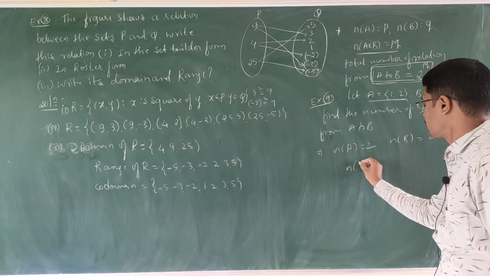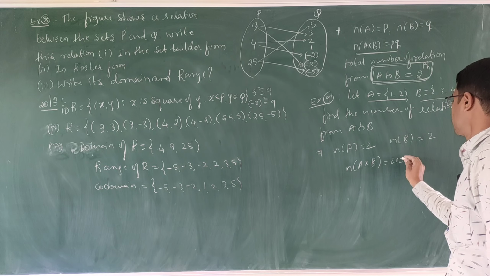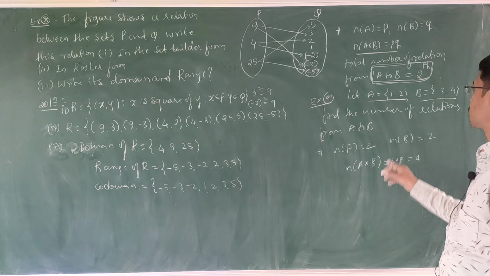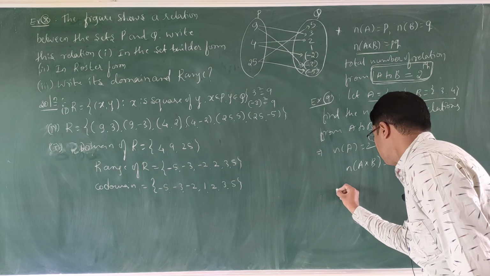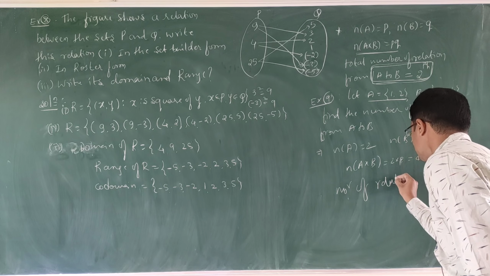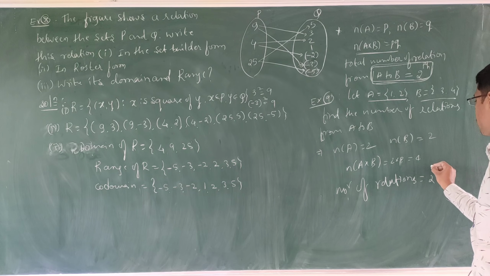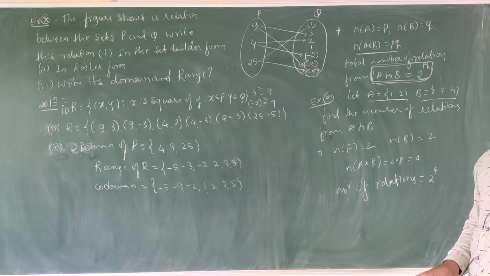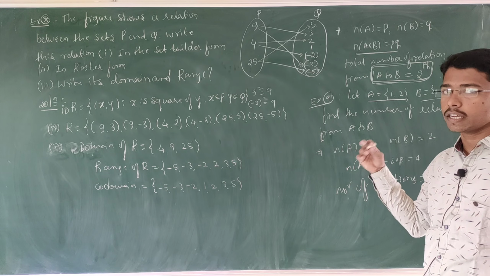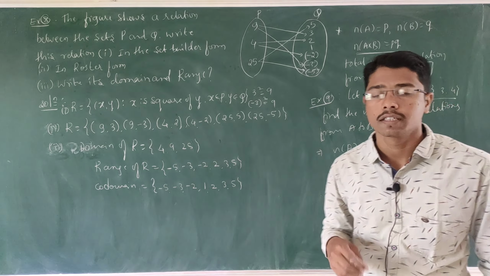Therefore, the number of elements in the Cartesian product is 2 cross 2, which is 4. Then by the formula, the number of relations is equal to 2 power 4. So there exist 2 power 4, that is 16 relations from the set A to the set B.